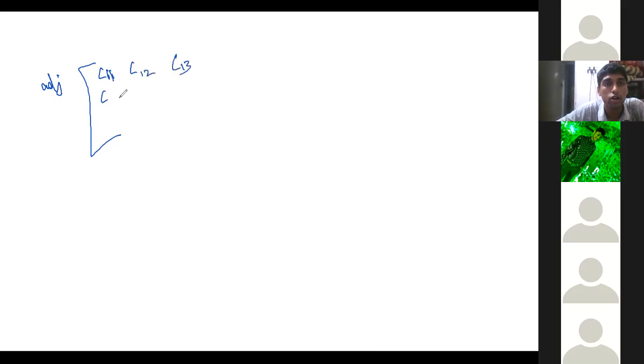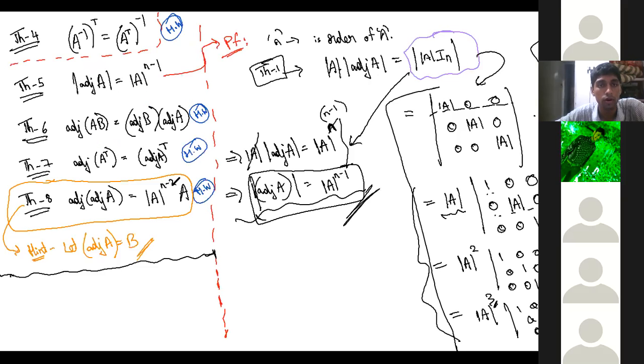So on taking the adjoint of this cofactor matrix, it is not necessary that you're going to simplify the question further. We proved that adjoint of adjoint, determinant of a power n minus 1.